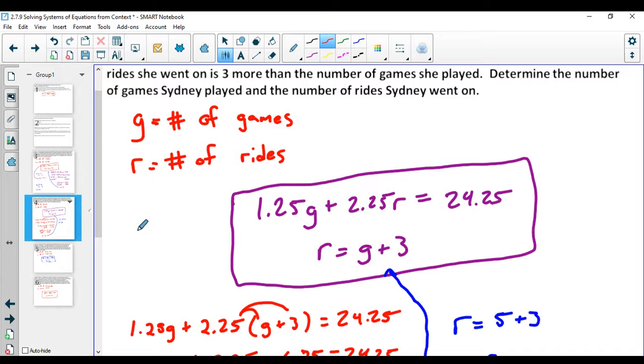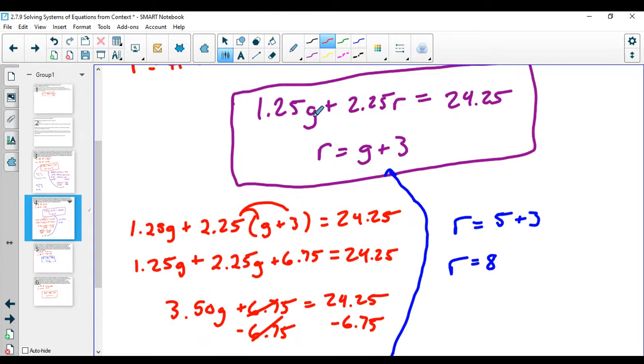So if I plug 5 in for G and 8 in for R, I should end up getting 24.25 on this side. And maybe I'll do it on the calculator just to be sure. 1.25 times 5 plus 2.25 times 8 does indeed equal 24.25. So it's good. Quick way to check.